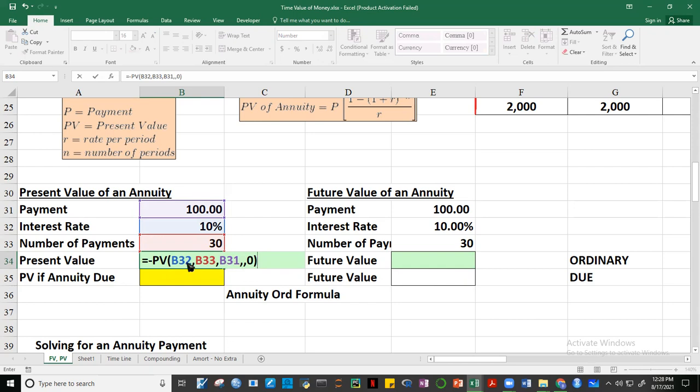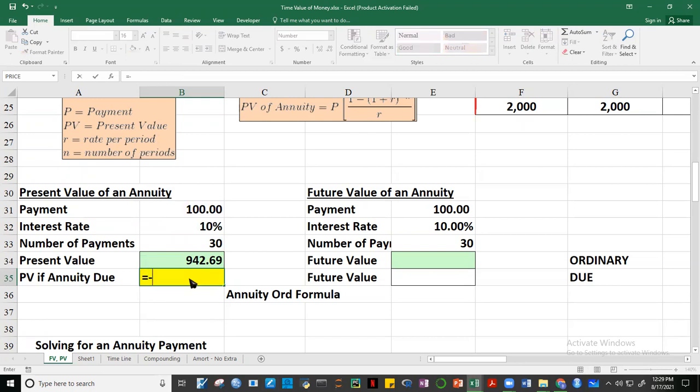So we can have just three parameters. Because if we don't put anything in the future value and the type, Excel will read that as 0, 0. The future value is 0, the type is 0, which means annuity ordinary. Okay? So we get 942, right?